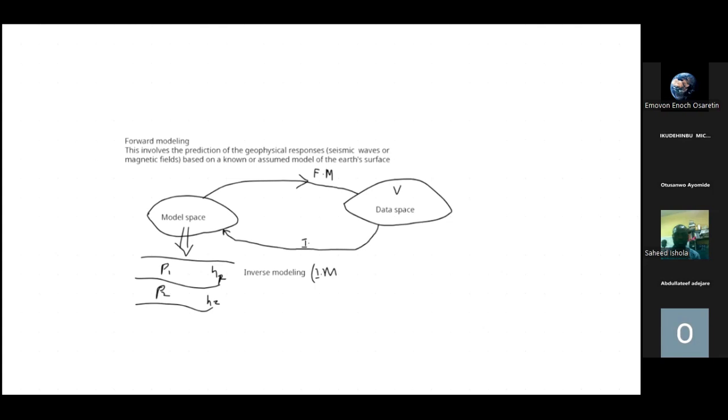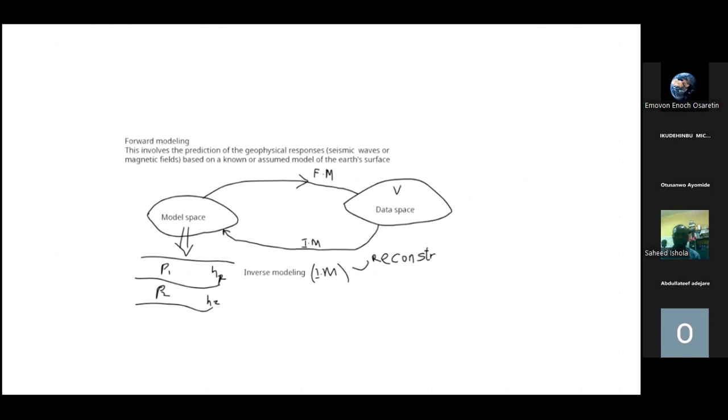So under inverse modeling, we try to reconstruct the true model of the subsurface, or we recover the true model of the subsurface. That is what we do under inverse modeling.